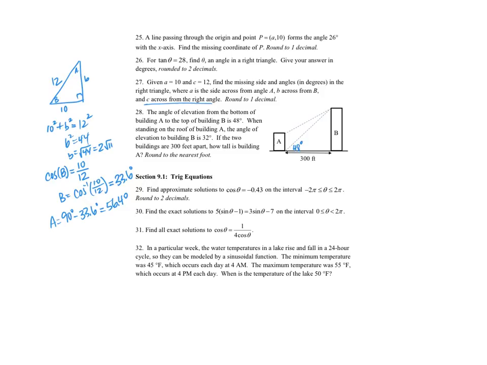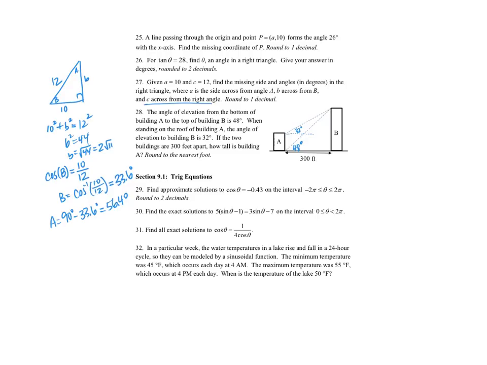When standing on the roof of building A, the angle of elevation to building B is 32 degrees. So that means that if I put a dotted line here, this angle is 32 degrees. And if the buildings are 300 feet apart, how tall is building A?